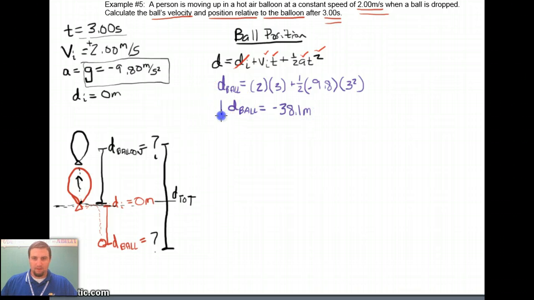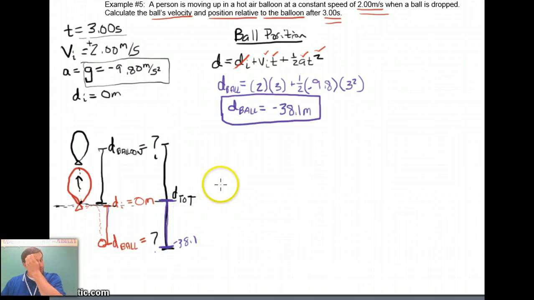Okay. So the ball is going to be 38.1 meters below this origin right here. Okay, so this would be negative 38.1. So from here to here, 38.1.